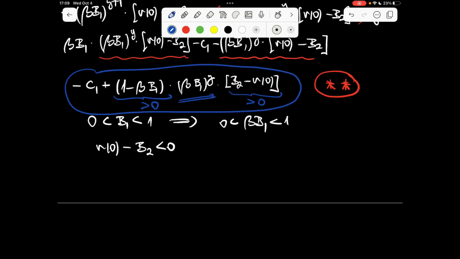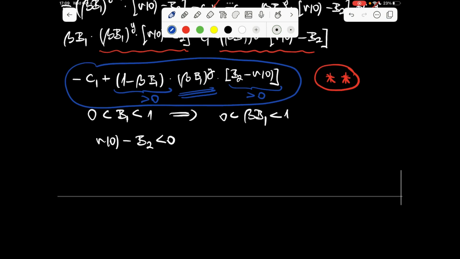But this is the only term that depends on y, on the order size. And this part of the expression is strictly decreasing. So in a continuous case, we should find the optimum order size y by ensuring that this equation is zero.